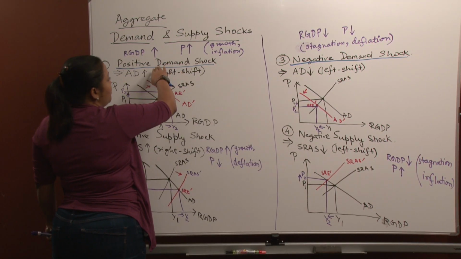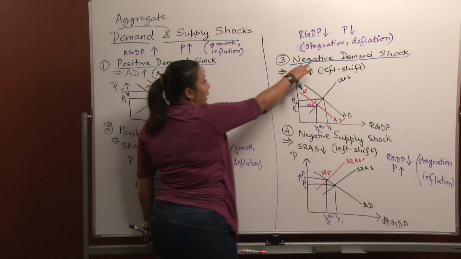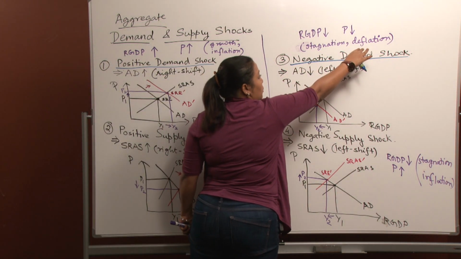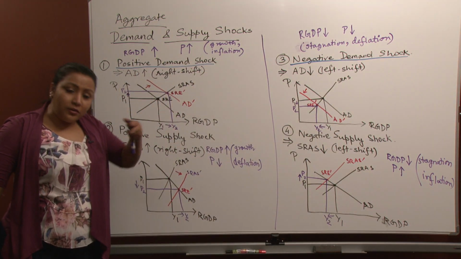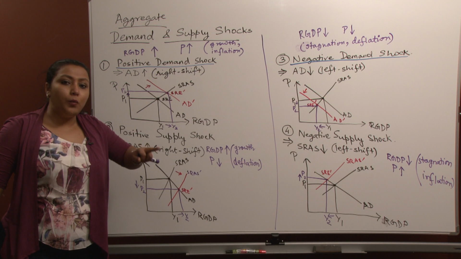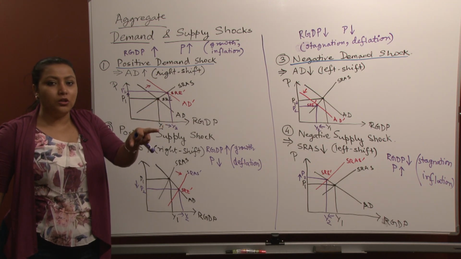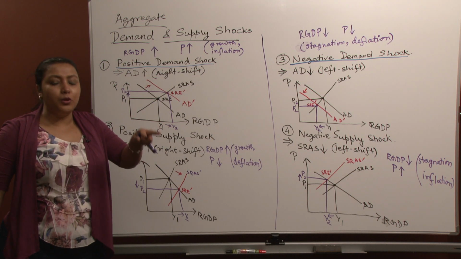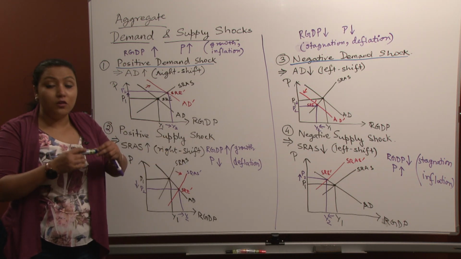For example, for the positive demand shock, growth is a good thing, inflation is not. For the negative demand shock, deflation is a good thing, stagnation is not. So demand shocks, whether positive or negative, will always create one good impact and one adverse impact on the economy. It will never cause two good things, or two bad things.